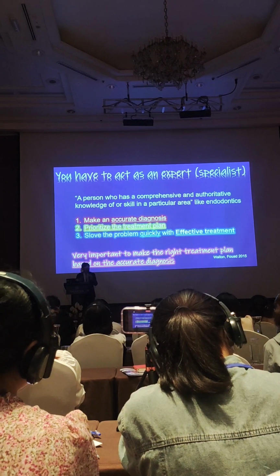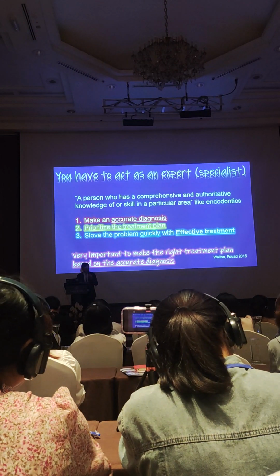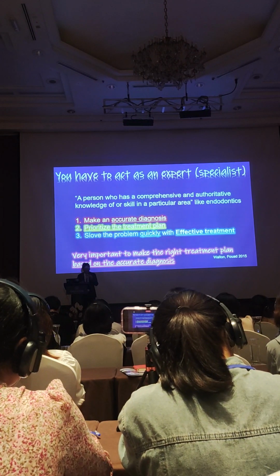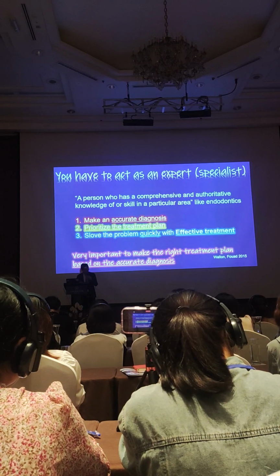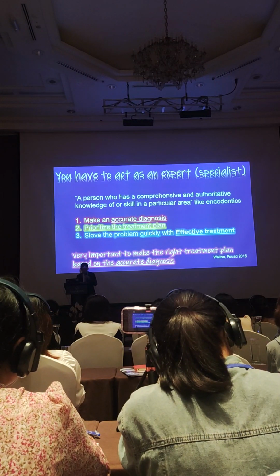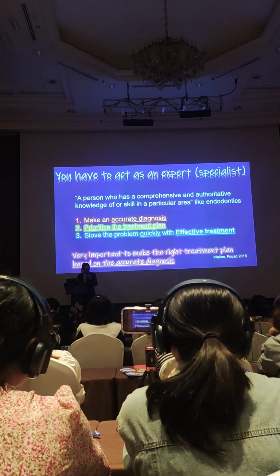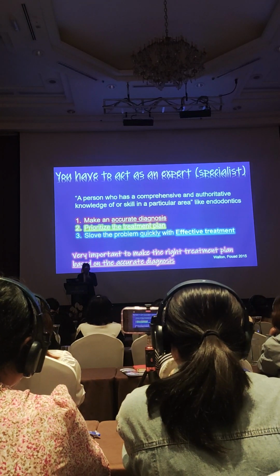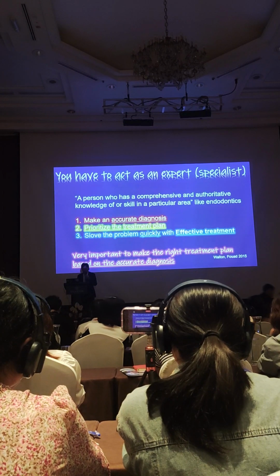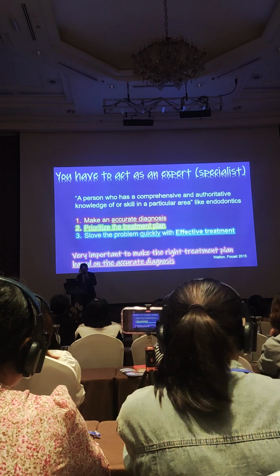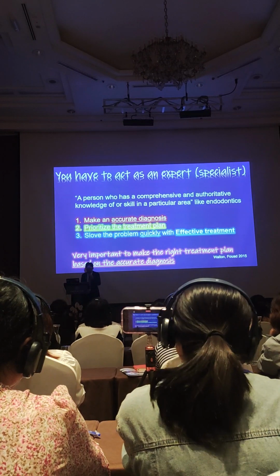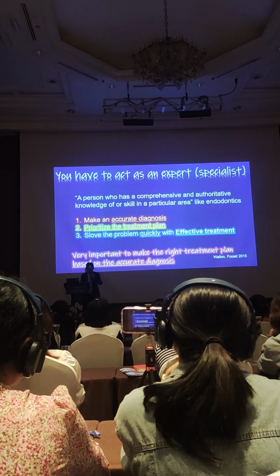So that's why many people want to be a specialist. Specialist can make an accurate diagnosis. So what is a specialist? What is the expert? If you look into the dictionary, the dictionary says a person who has comprehensive authoritative knowledge or skill in a particular area like endodontics.